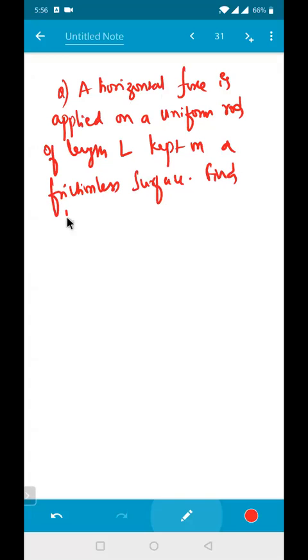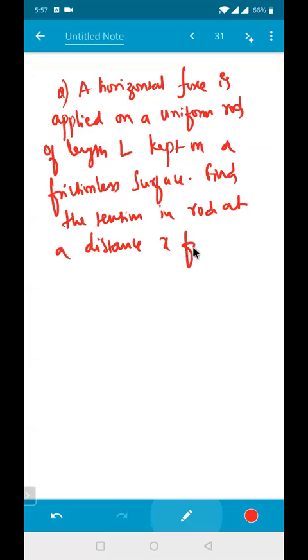Find the tension in the rod at a distance x from the end where the force is applied.